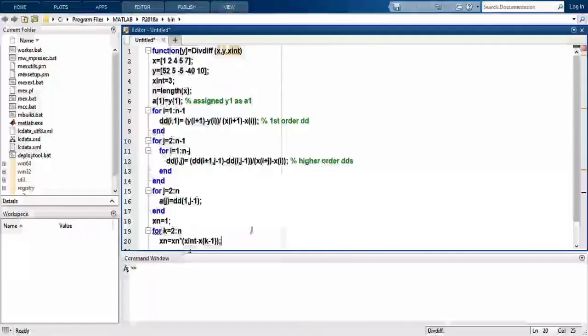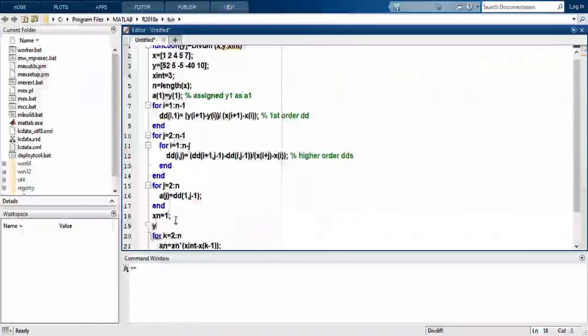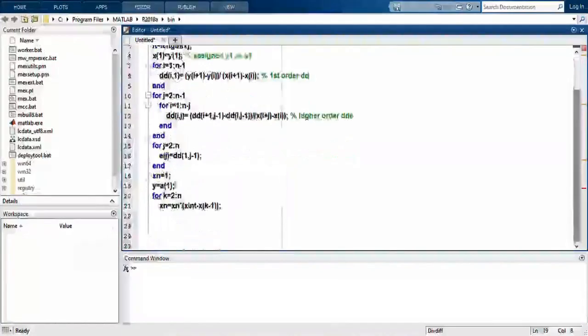So this is the general term, and in the last step we multiply it with the coefficients. So y is equal to, okay, we have initialized this, y1 is a1, so initialize here, let y is equal to a of 1, or you can write it as directly a of 1. Yes, and in the next step we will use this technique.